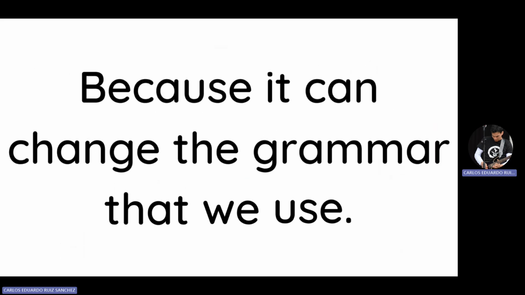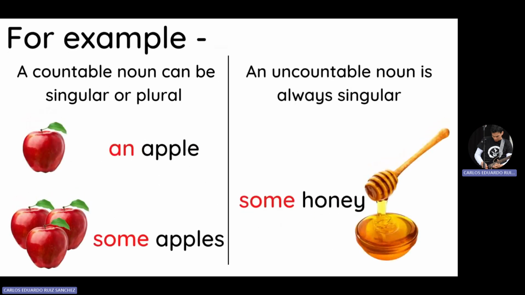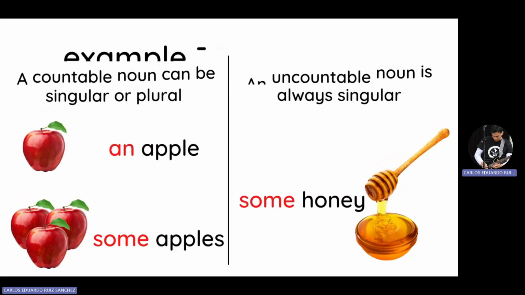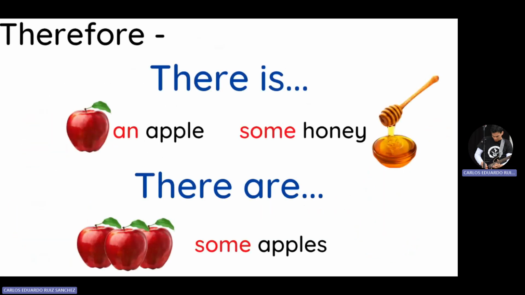Because it can change the grammar that we use. For example, a countable noun can be singular or plural. An apple, some apples. An uncountable noun is always singular. Some honey. There is an apple. There is some honey. There are some apples.